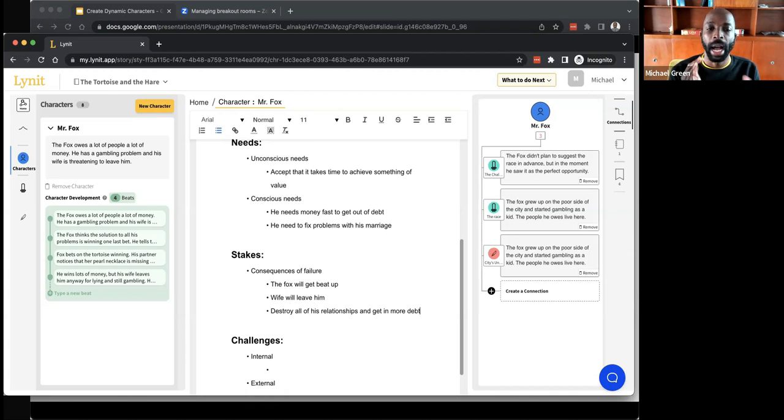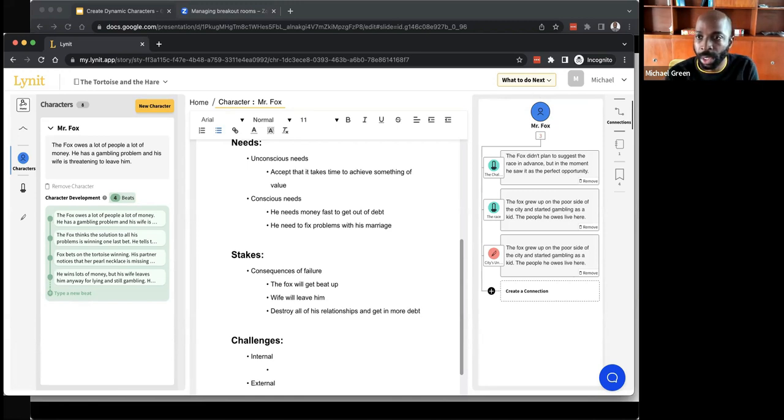Having stakes that aren't high enough makes it very difficult for the reader to care. If the stakes are really low for the fox, then you don't really care if he stops gambling. You're like, maybe you should keep gambling. It's a cool character trait.